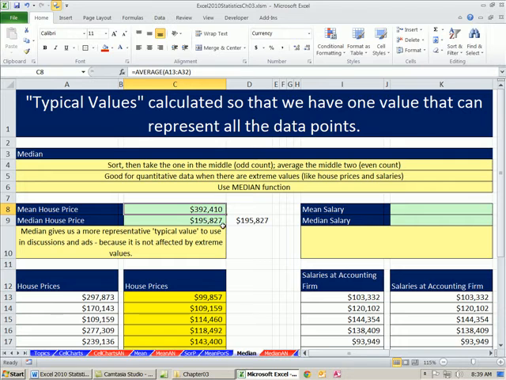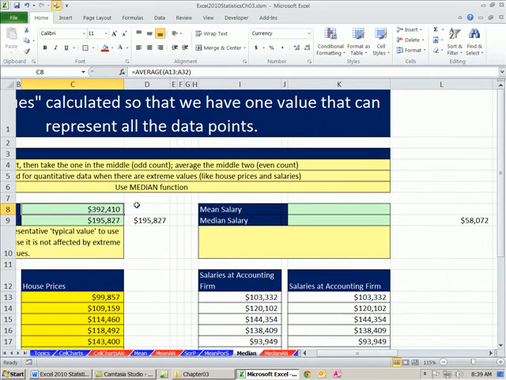So the reverse would be if the mean was less than the median. We know there's a few small values pulling the mean down. All right, so median gives us a more representative typical value to use in discussion and ads because it's not affected by extreme values.